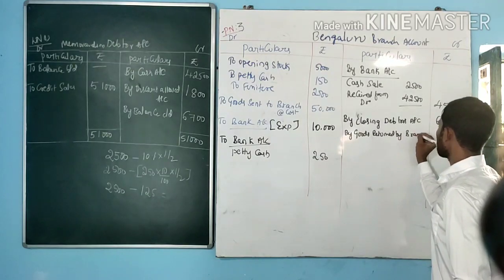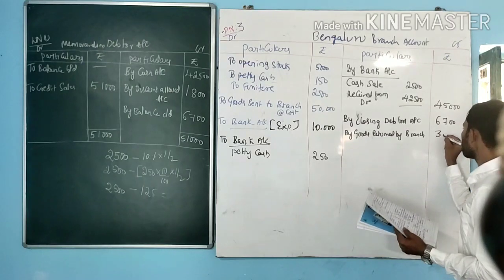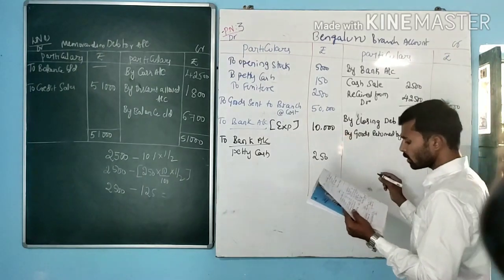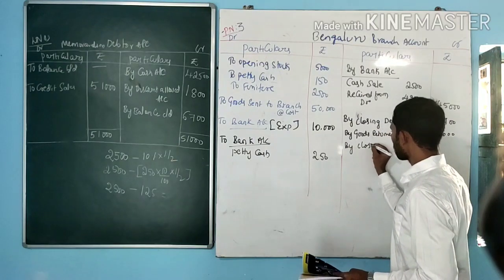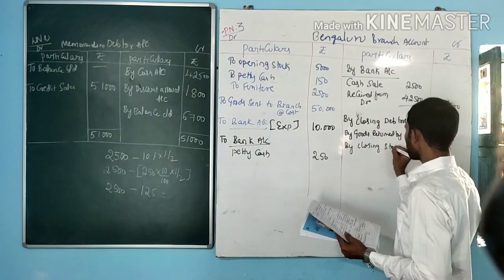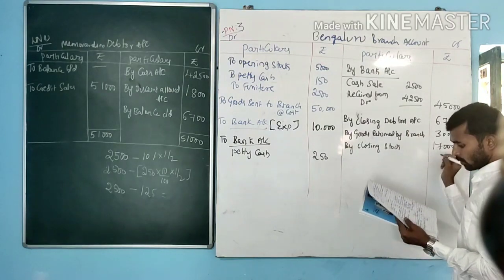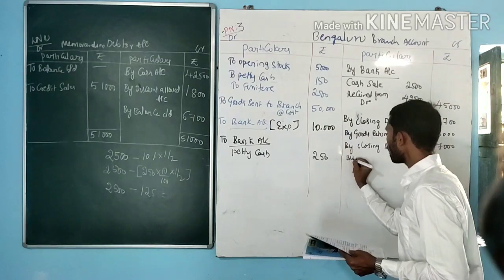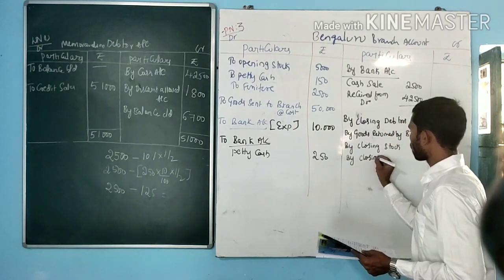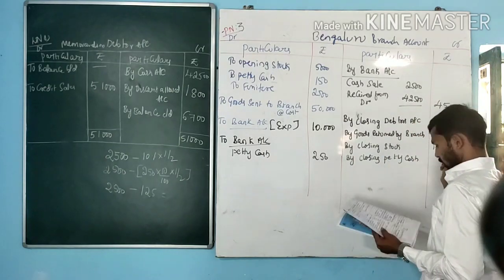Goods are being returned, that is goods returned by branch, amount 3,000. Next one is closing stock, by closing stock amount 17,000. Next, by closing petty cash amount 50 rupees.